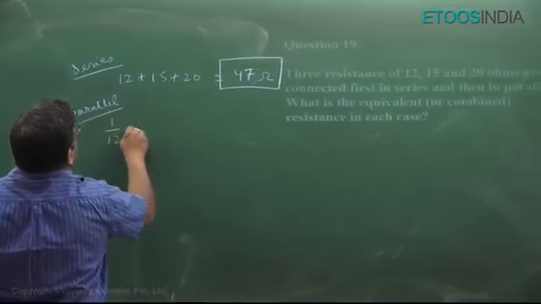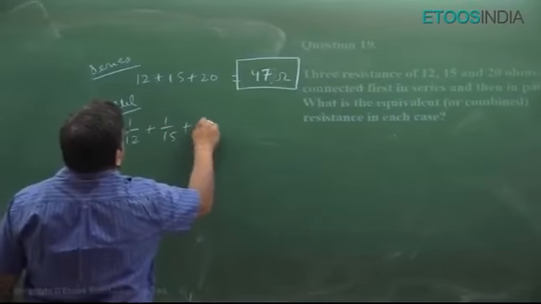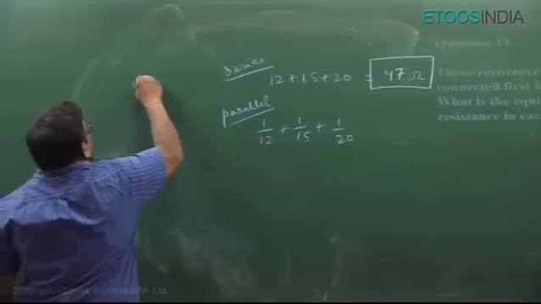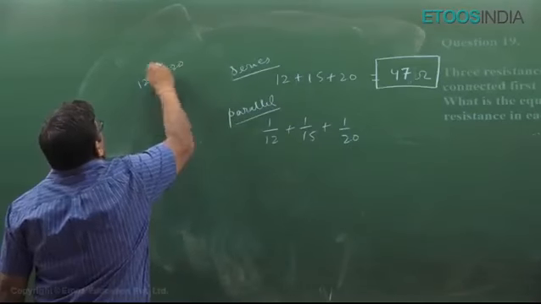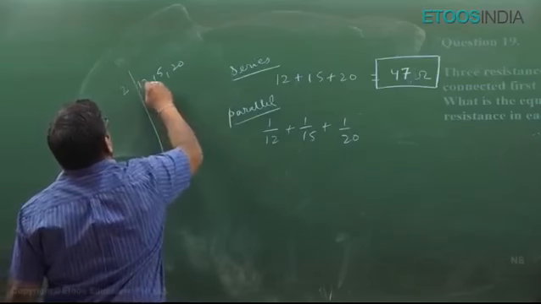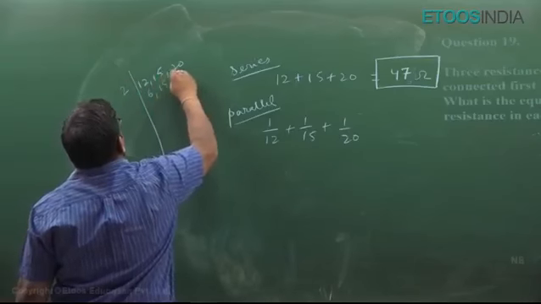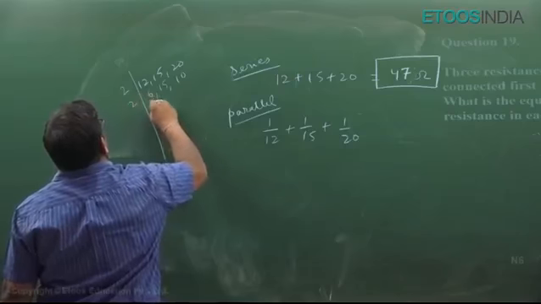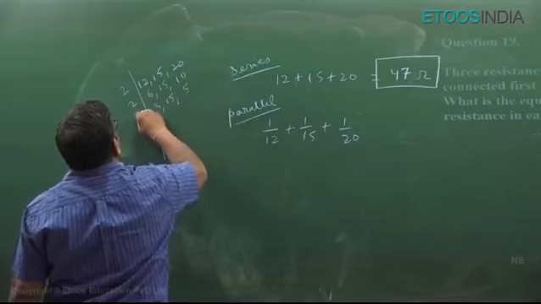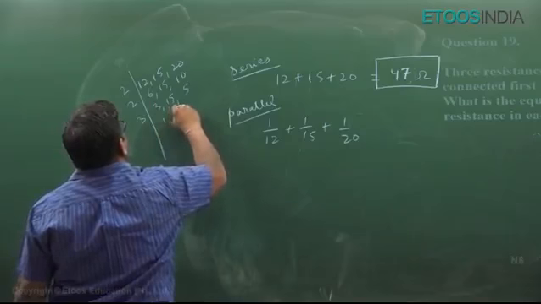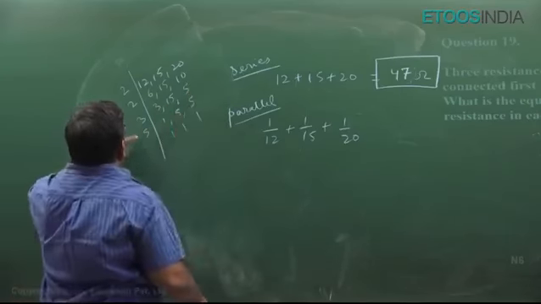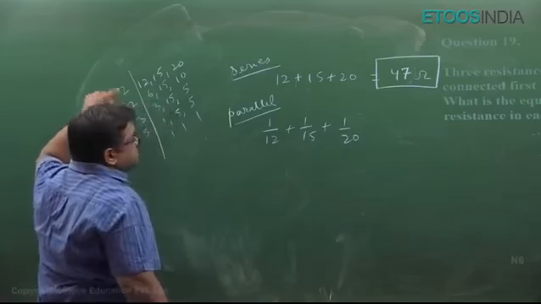1 upon 12 plus 1 upon 15 plus 1 upon 20. Okay. Now for 12, 15 and 20, I'll just divide by 2, 2, 3 and 5. 5 3 is 15, 15 2 is 30, 30 2 is 60.